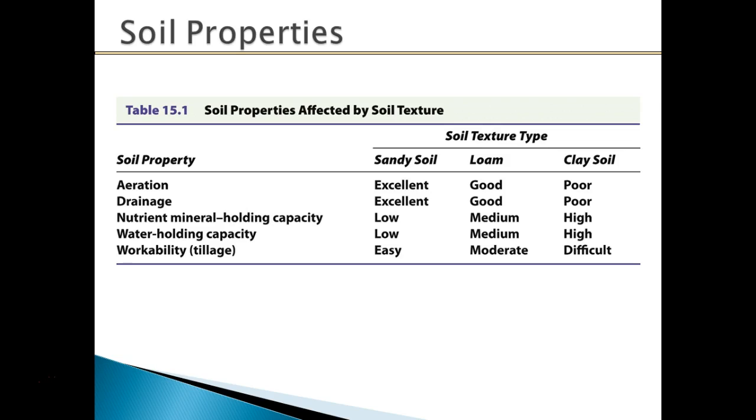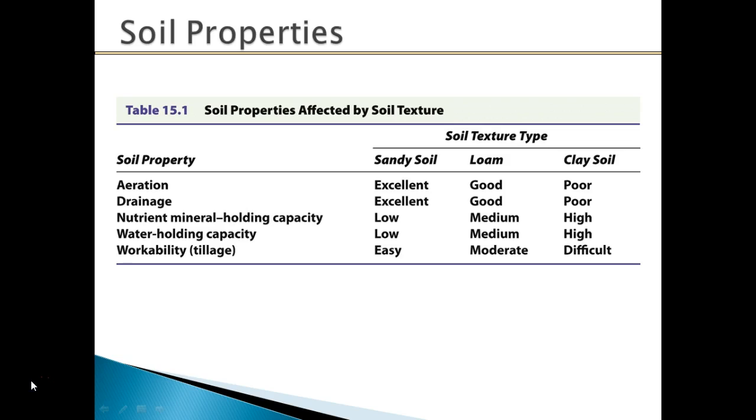So this is a Goldilocks scenario. Clay soil, aeration, too poor. Aeration in sandy soil, excellent, but honestly too much. And loam is just right. It's good. Drainage, and you see nothing excellent, nothing poor. But it's just right.